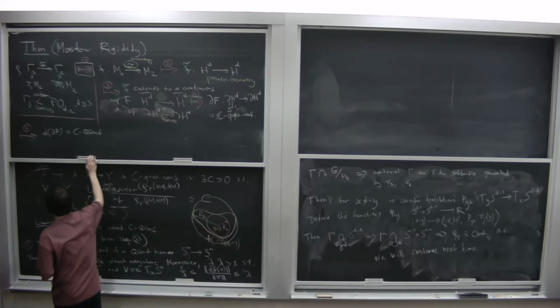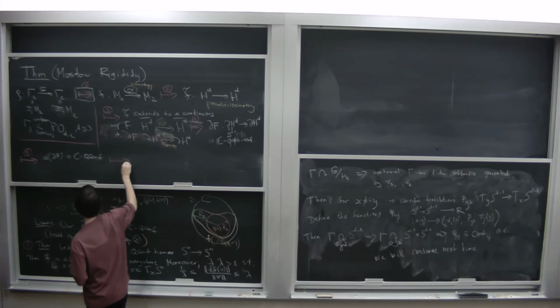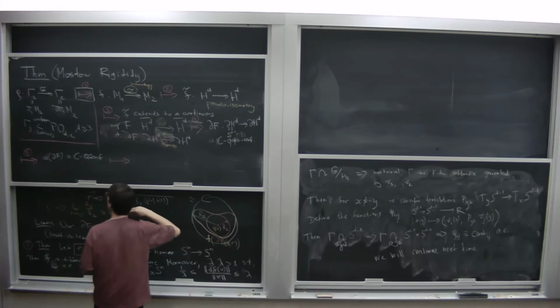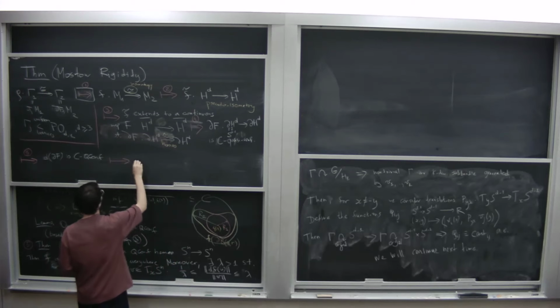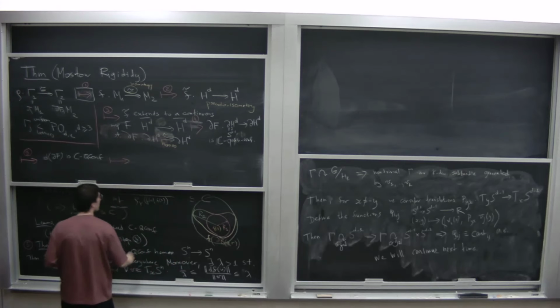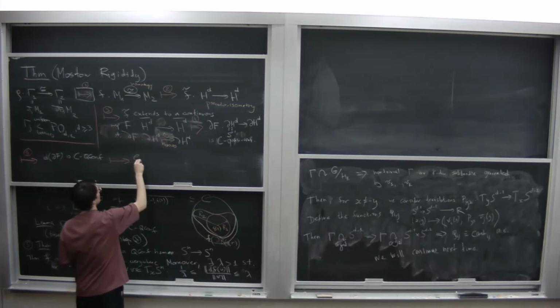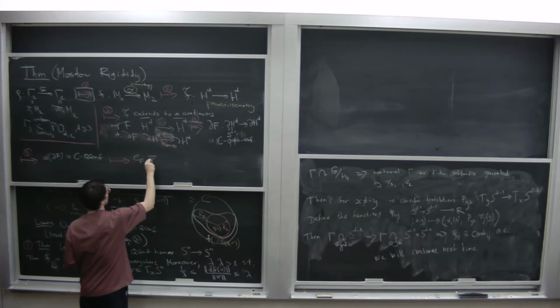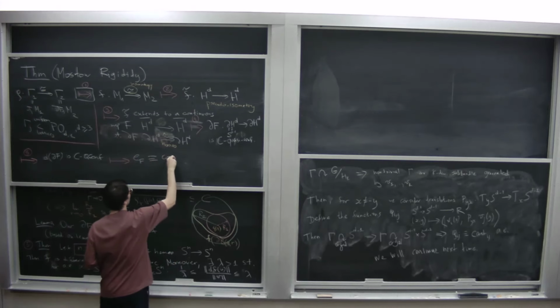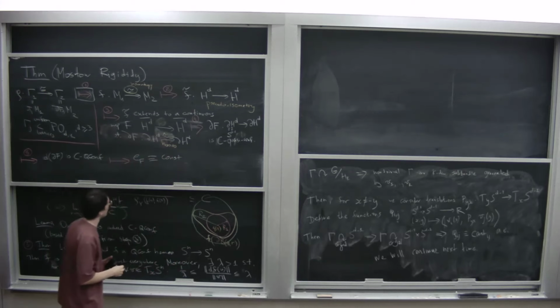So my step number 6 was to show that, basically I showed that the eccentricity of F is constant, right?